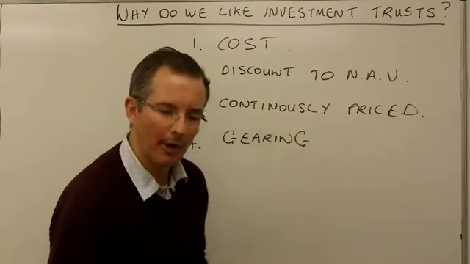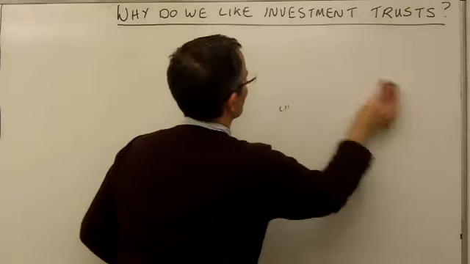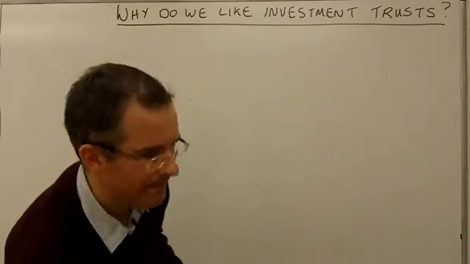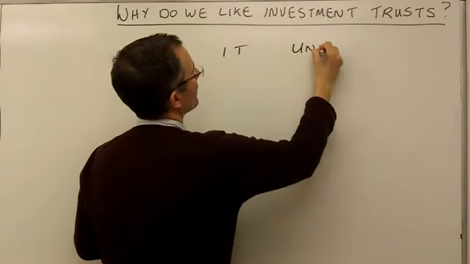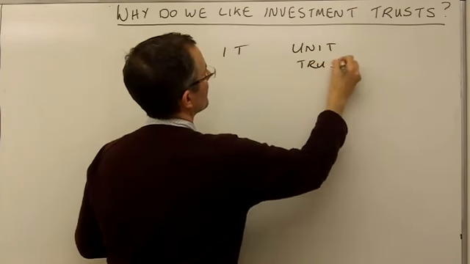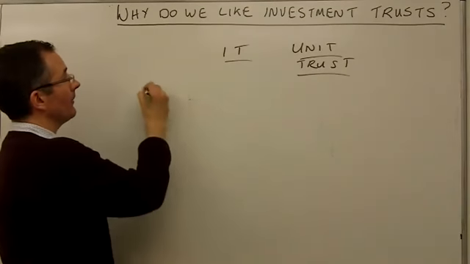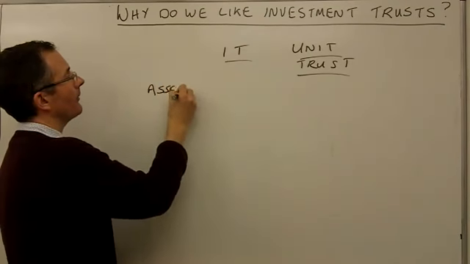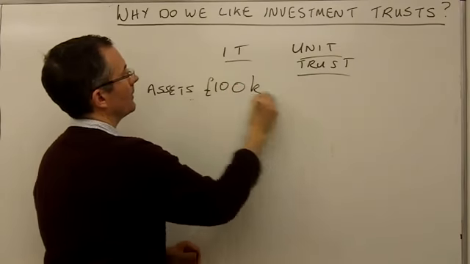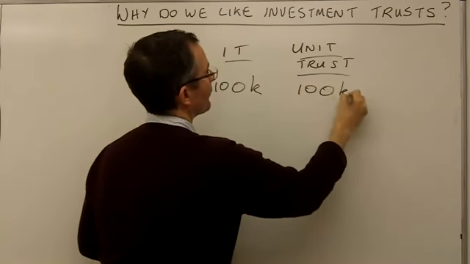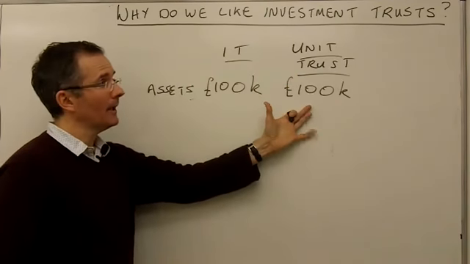Just to take that final point on gearing. Let's say we have an investment trust company and a unit trust. Make up some very, very simple short balance sheets. So, total net assets, 100,000 sterling. Total net assets, 100,000 sterling. Very simple numbers, obviously too small to be realistic in the real world, but that's fine.